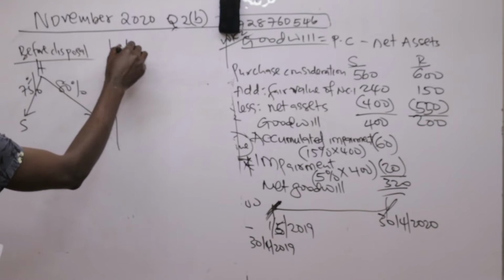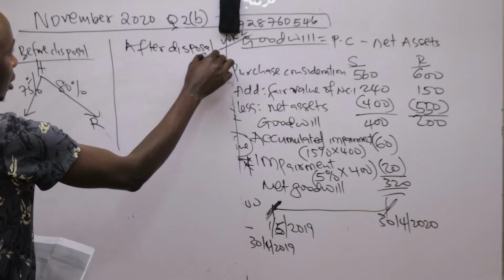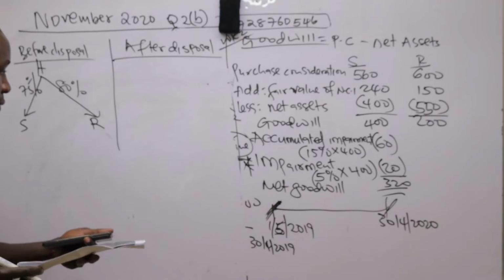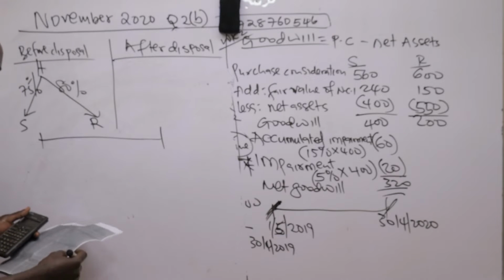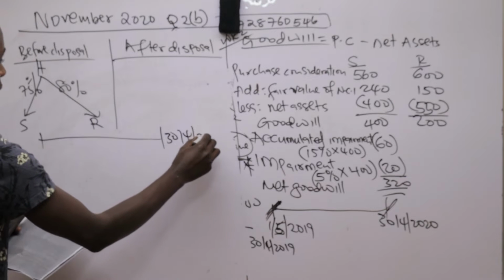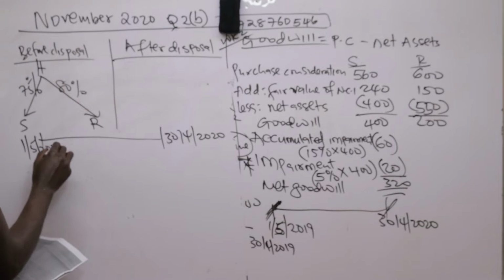But now after the disposal took place, there's something they said, note 3, that on 1st November, so meaning that I can go direct and do analysis in terms of time, 30th April 2020. Our financial year starts on 1st May 2019.